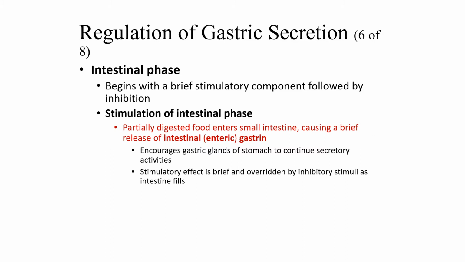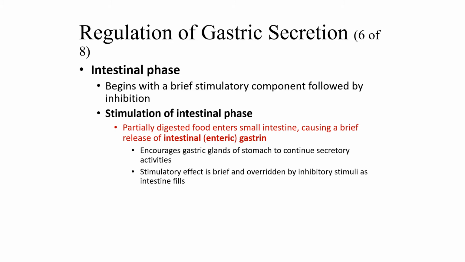And so what intestinal gastrin does is cause the gastric glands to continue their secretion, and then once the small intestine, really the duodenum, gets pretty full, then intestinal gastrin will decrease so that the digestive juices will be inhibited.